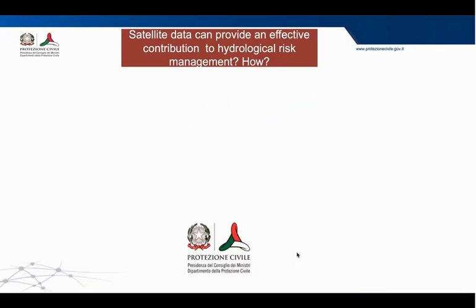So the question today is whether satellite data can provide an effective contribution to hydrological and hydraulic risk management. Of course, to cope with the mission of the civil protection we employ different satellites and different technologies, and satellites are very important and can really contribute.